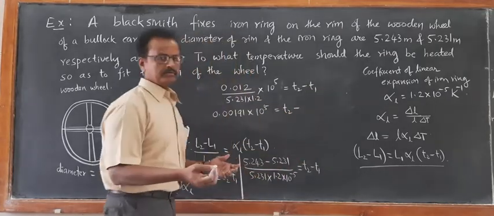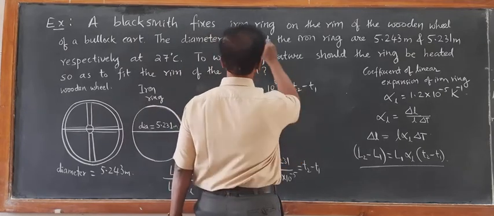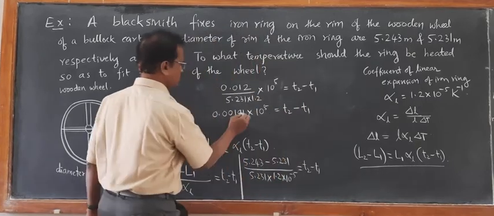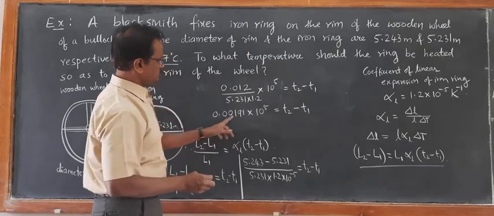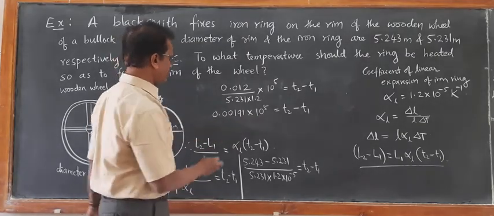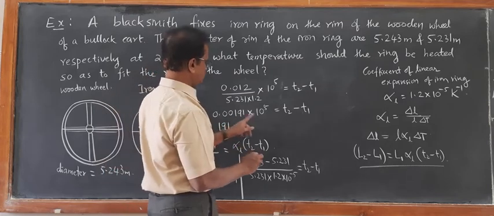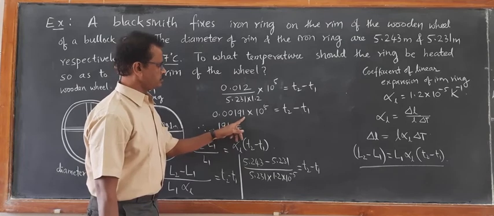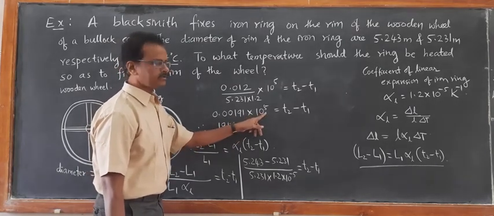T1 value we know, it is 27 degrees Celsius. So I can write directly, 191 into 10 raised to minus 5 into 10 raised to 5.